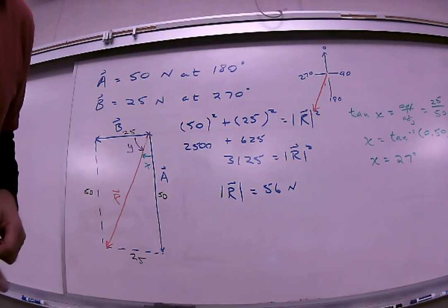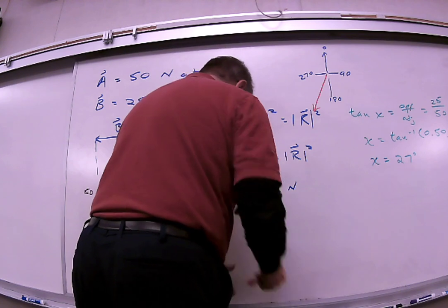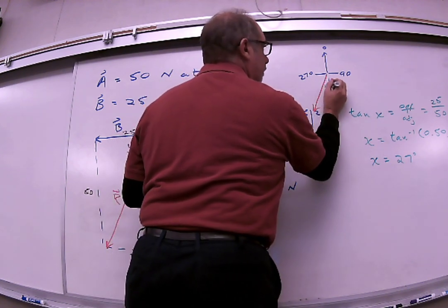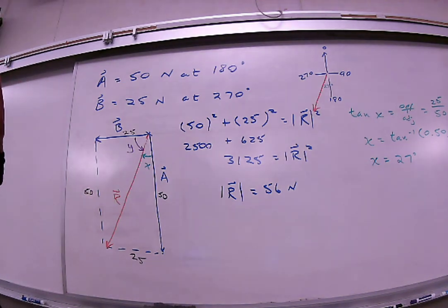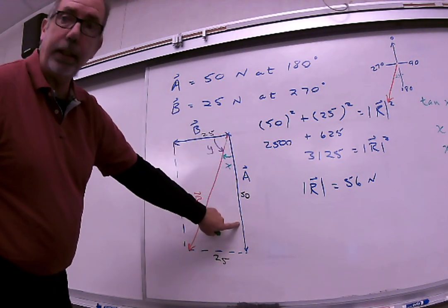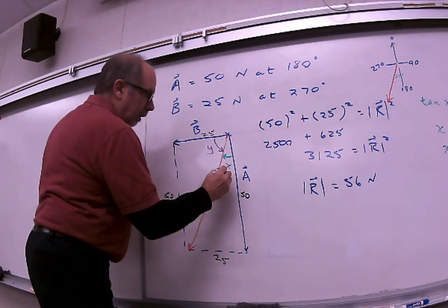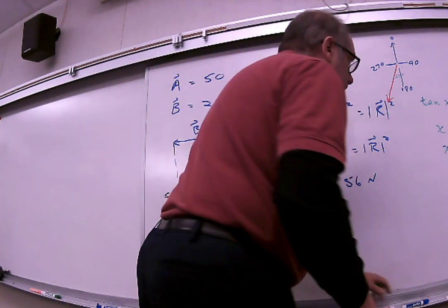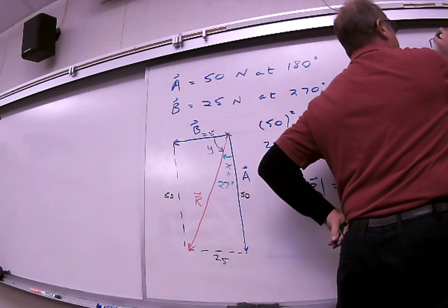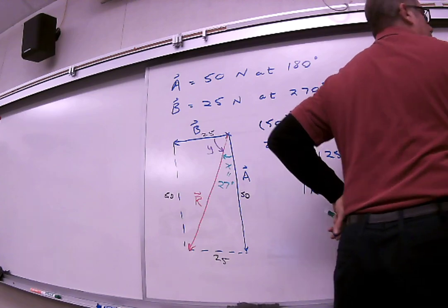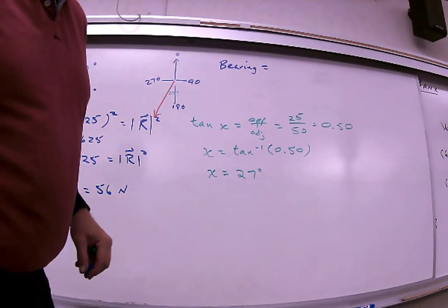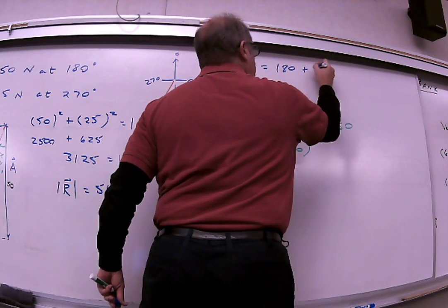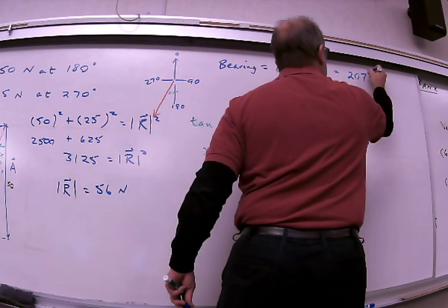And this angle right in here was 27 degrees. And then my true bearing, look where I drew that from. I started at 180 and went bigger by 27 degrees. So my bearing is going to be 180 plus 27, which is 207.